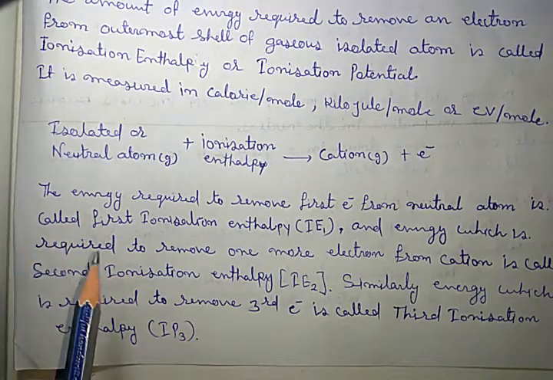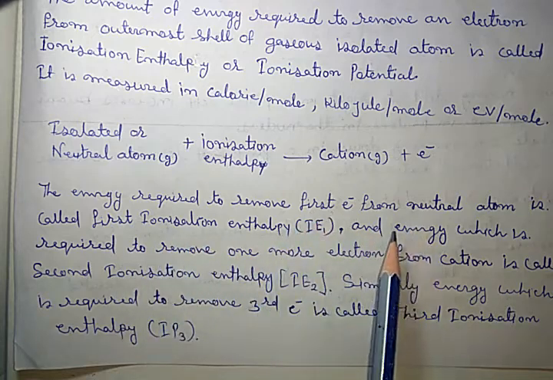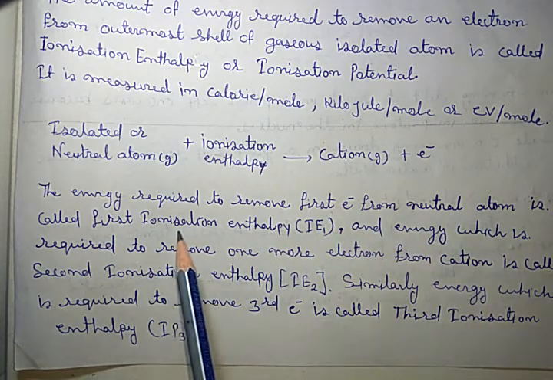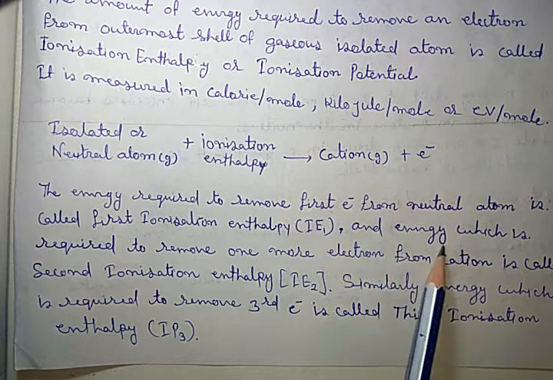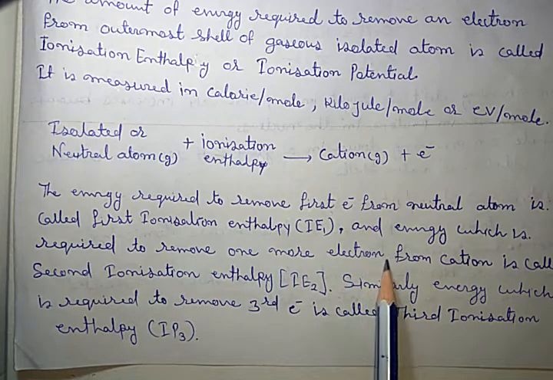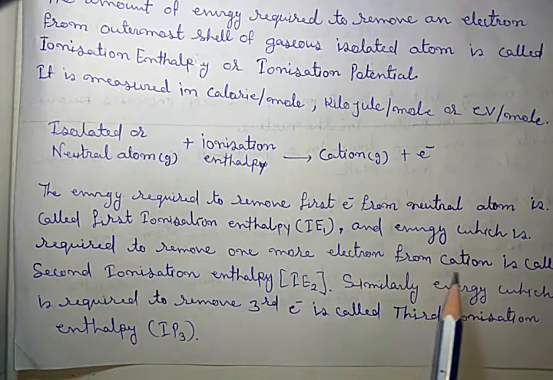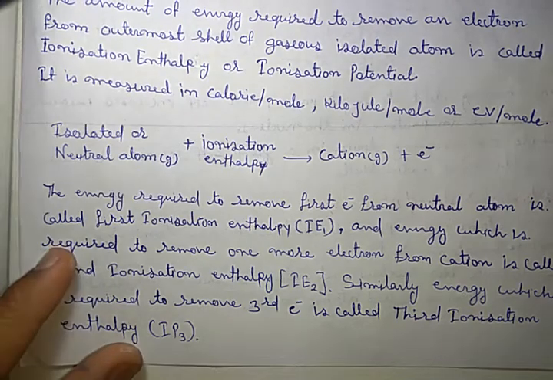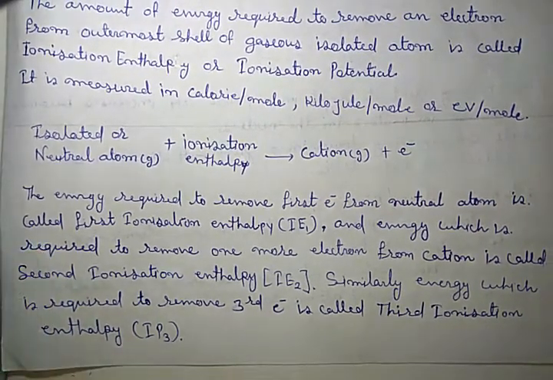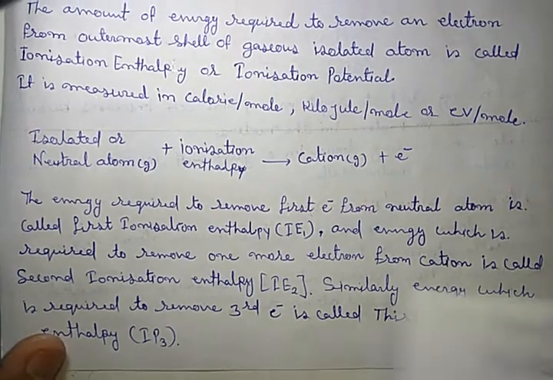The energy required to remove the first electron from a neutral atom is called first ionization enthalpy, and the energy required to remove one more electron from the cation is called ionization enthalpy second. Similarly, the energy required to remove the third electron is called ionization enthalpy third.